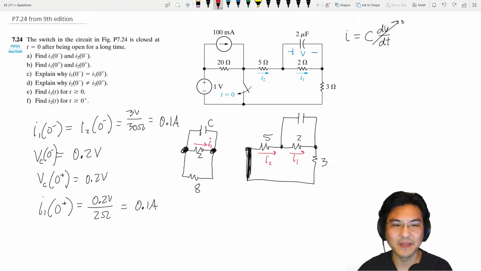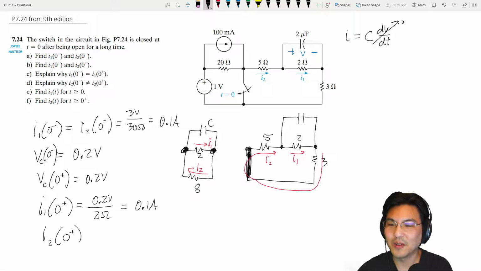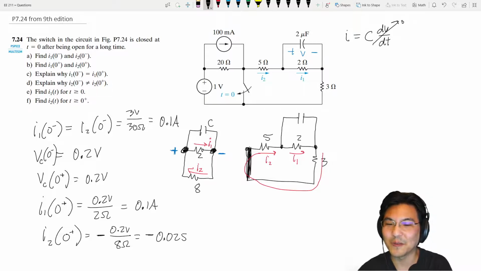I2 is going this way, just according to the picture. So then what is I2? Just the way it's labeled with the voltage being this way, I2 would be minus V over R. Minus V over 8 ohms. So this is different now. So 2 over 8 is 0.25, so minus 0.025. Okay, so it's different now, right?